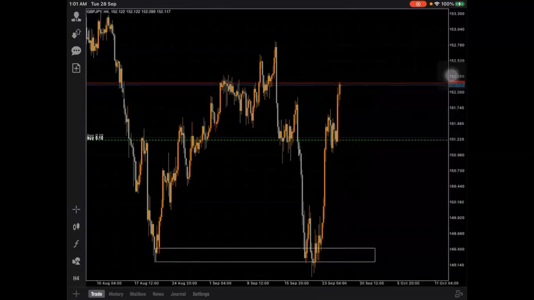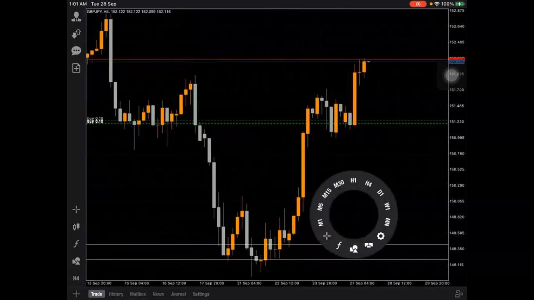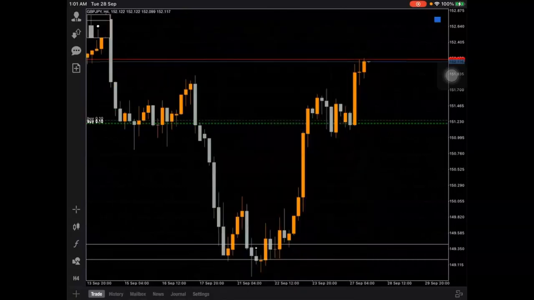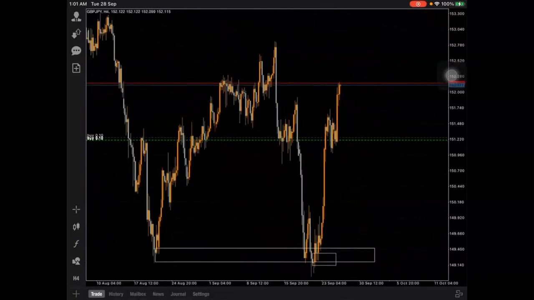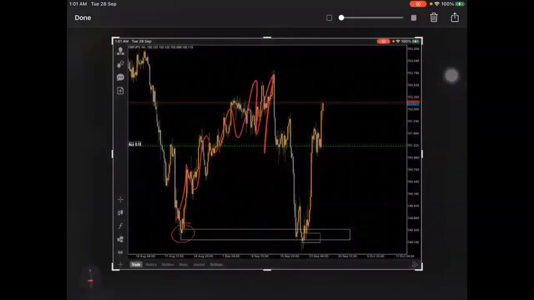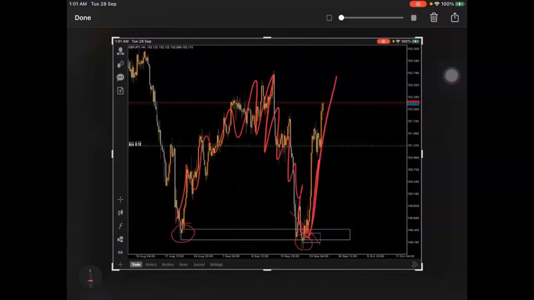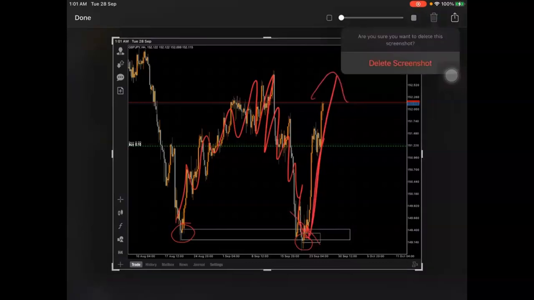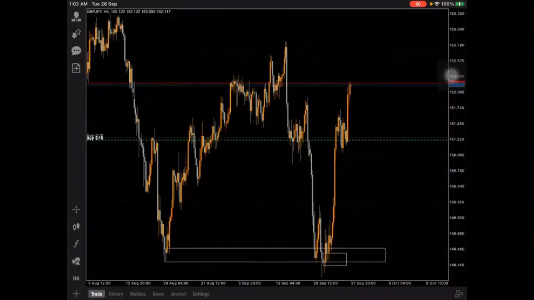Engulf to engulf, engulf to engulf. Remember, engulfing, price pulls back sideways, engulfing with confirmation, go up. Very simple. So this is about the buy structure and the sell structure.